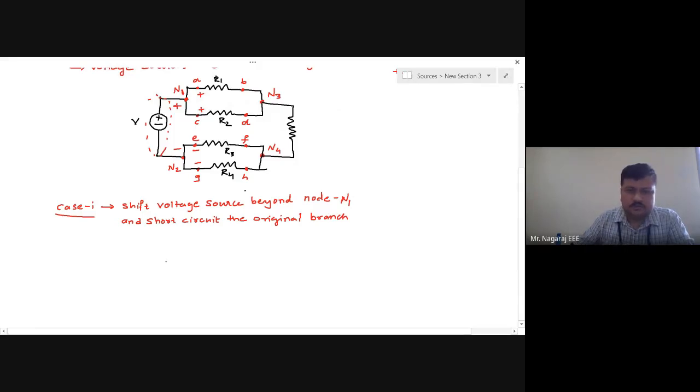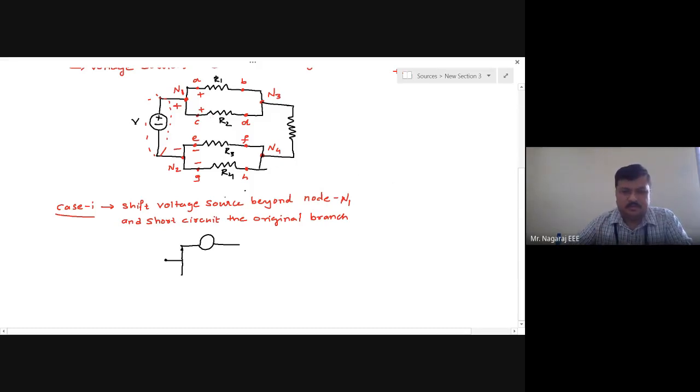Now this is node N1. And when I shift this voltage source beyond node N1, I should shift this voltage source in all the branches connected to node N1.